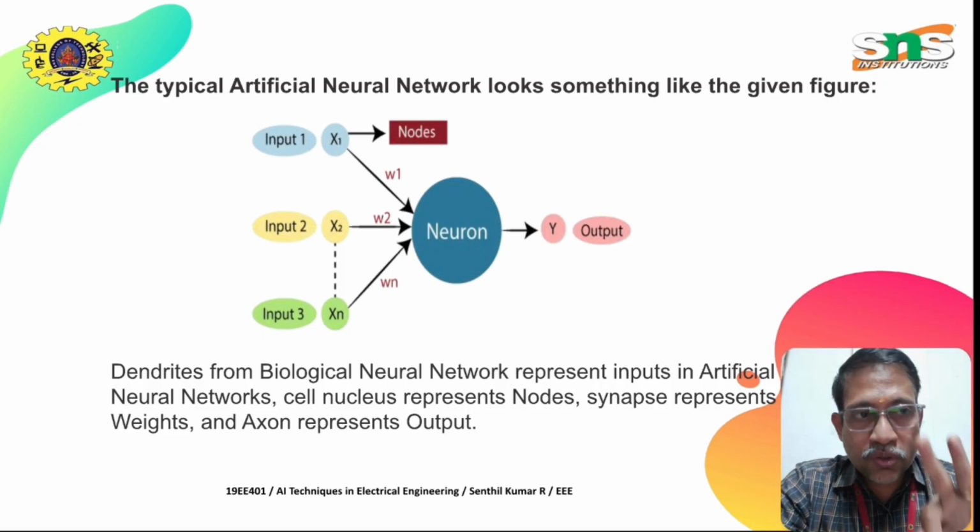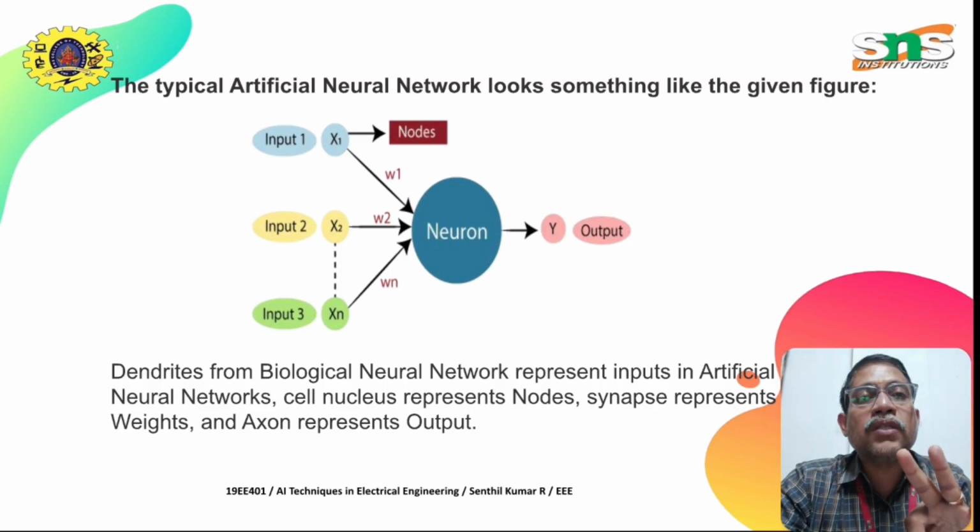The number of inputs is 3, with corresponding weights W1, W2, W3. The summation of all the products of the inputs and the weights of the inputs, that is, x1 into W1 plus x2 into W2 plus x3 into W3 plus xn into Wn, and so on.